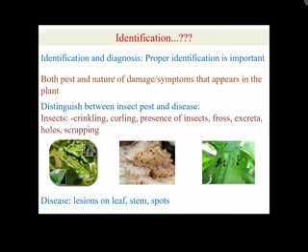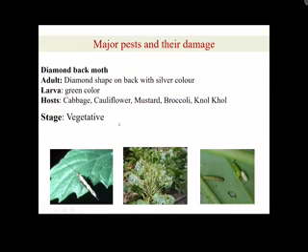They trouble us a lot. Here, this one we call diamondback moth. You can find it in cabbage, cauliflower, and other cruciferous plants like mustard, broccoli and so forth. It is slender in shape, and at the top you can see zigzag lines, meaning a diamond shape. That's why we call it the diamondback moth.